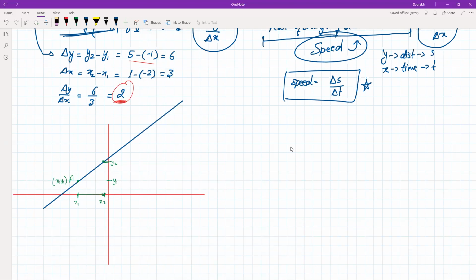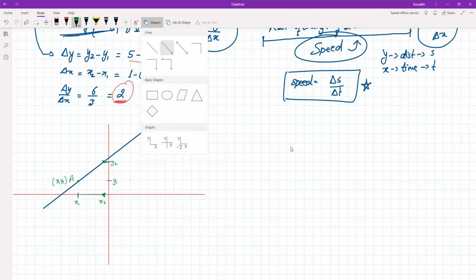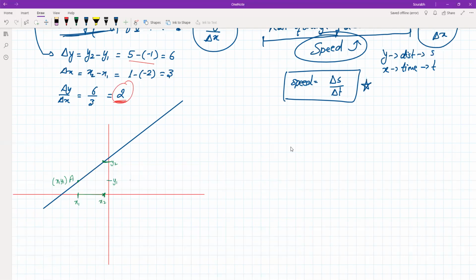This is x2 minus x1. And what is y2 minus y1? So this from y1 to y2. This is y2 minus y1. Now if I extend this further from here to here, and this from here to here, this was our point B. B is x2 comma y2. This is B. This is A.